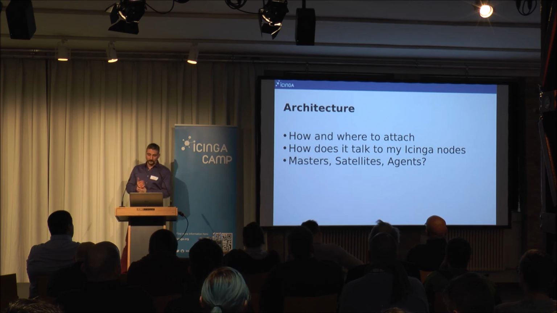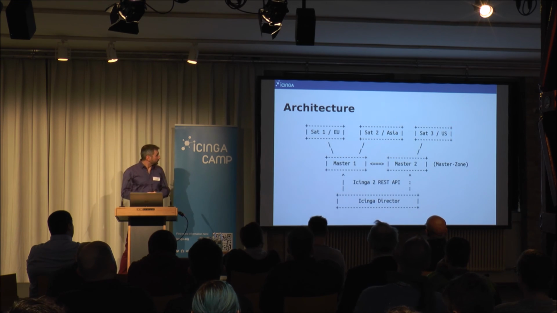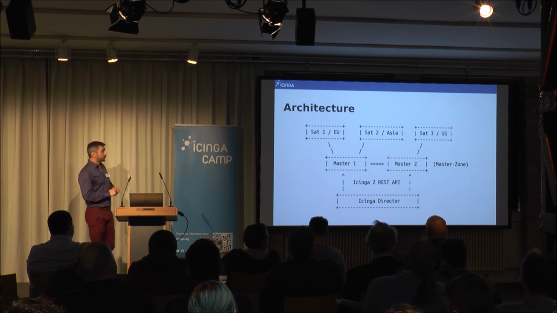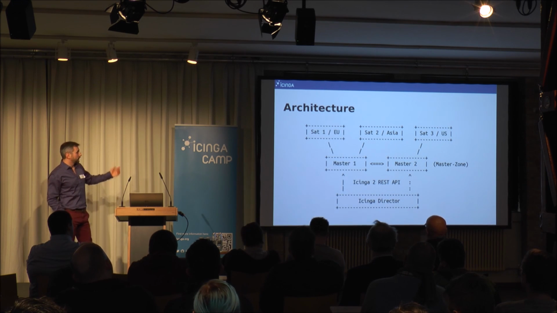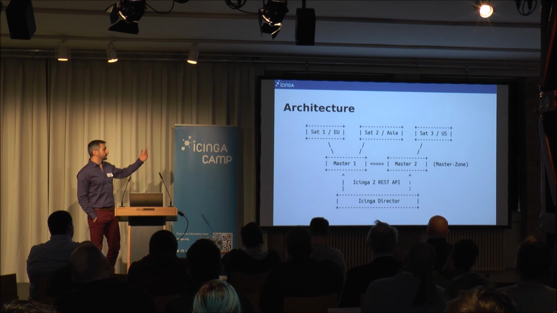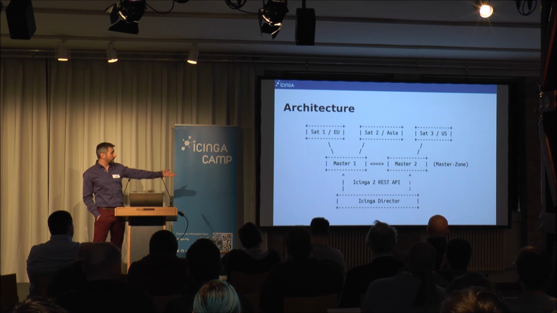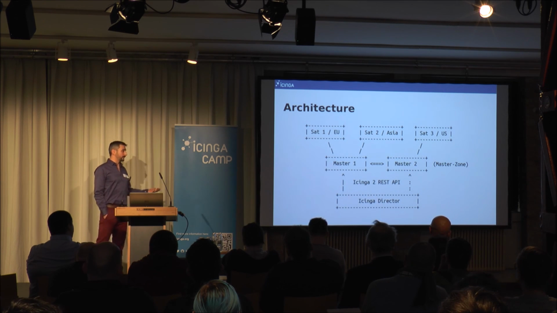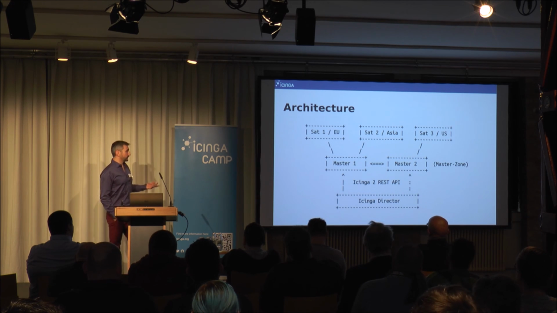Architecture, just some words. This is a very old graphic we used in the first Kickstart meeting for the Icinga Director, and it still works the same way. You have an Icinga environment with multiple masters, eventually multiple satellites, and the Director connects to one of your masters, the configuration masters, to the Icinga 2 REST API, and deploys the configuration.